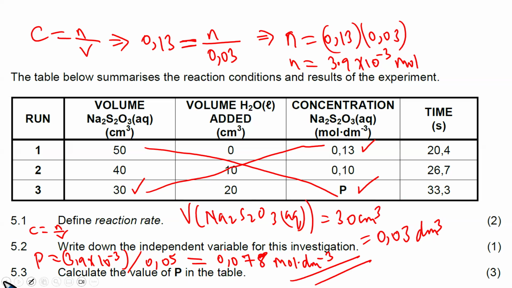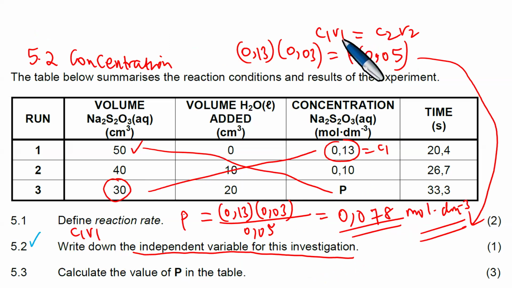But we used two ways to do it. If you want, you can use C1V1 equals C2V2. Use the notion of ratios to do this.